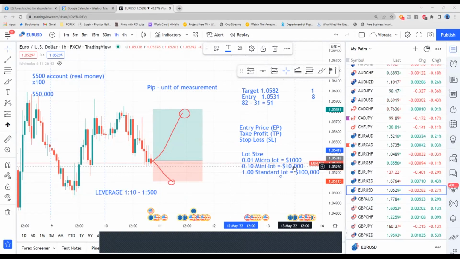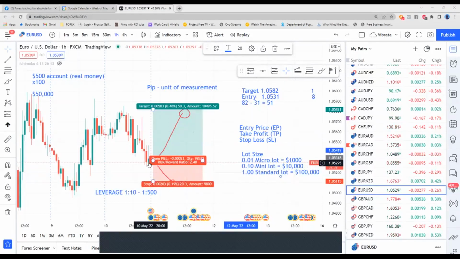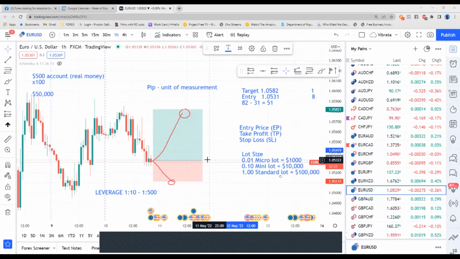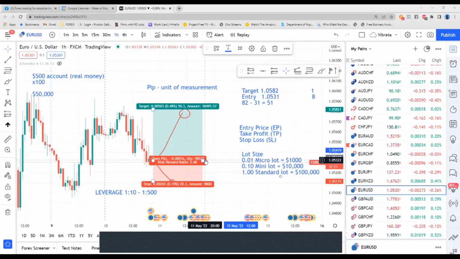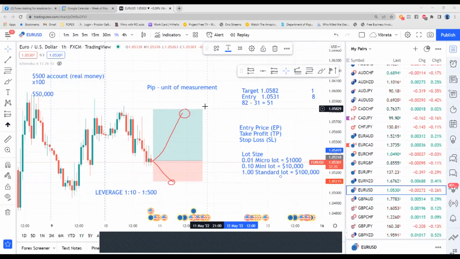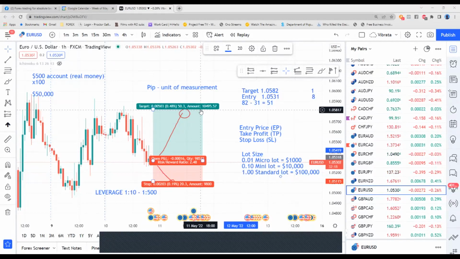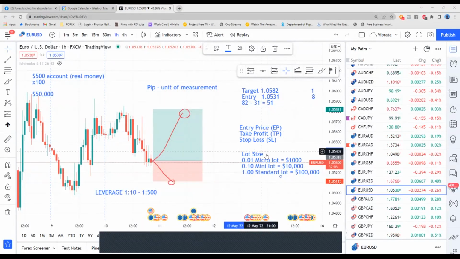Let's imagine I am buying 10,000 units of euro. I'm buying it now. Once the price reaches the top of my green box, it's moved 50 pips. Now the broker has to pay me 50 pips of a value of $10,000.